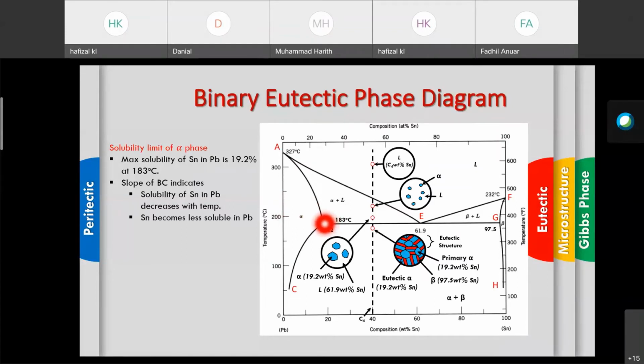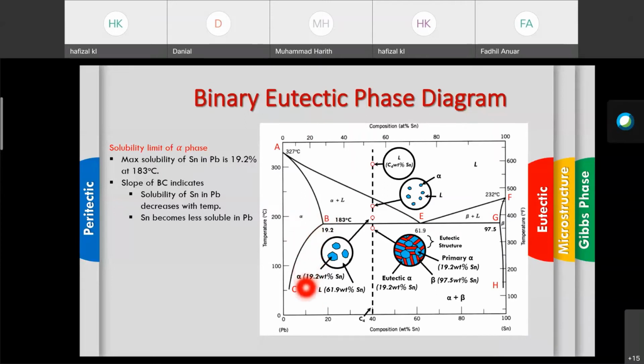So we can see when we try to look at the projection of the line. Let's say we have 10% of Sn.